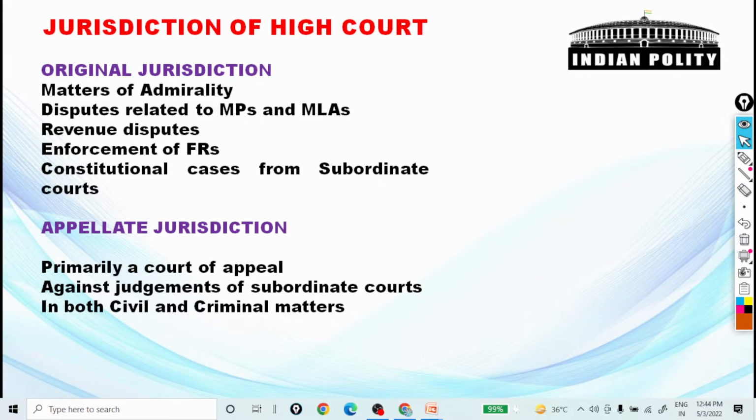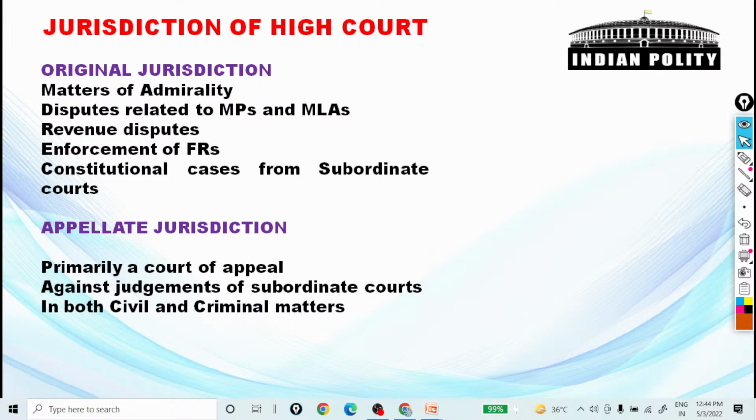So there is original jurisdiction, then appellate jurisdiction, then writ jurisdiction, then supervisory jurisdiction, control over the subordinate courts, and the High Court also has certain advisory powers.